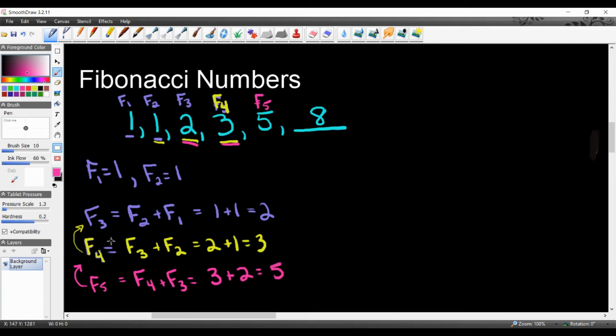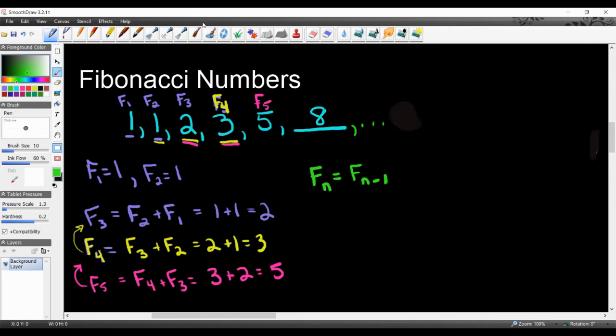So Fibonacci has the pattern that the nth term is equal to the 2 terms before it. To write this a little nicer, because these are just specific examples, we could say that f of n, actually, let me give you a few seconds to see if you can figure it out. All right, so if we had an nth term here, f of n would be equal to the term before it, f of n minus 1. Let me show you what I mean.